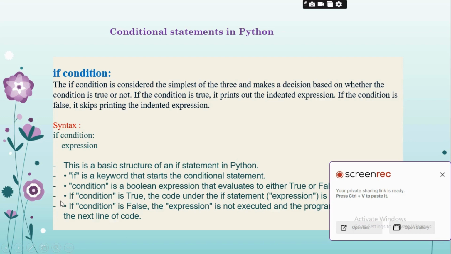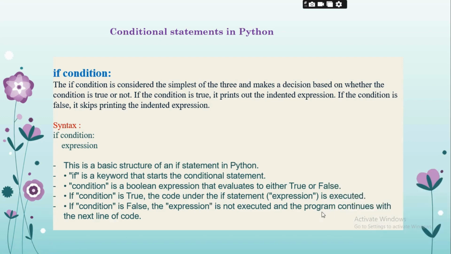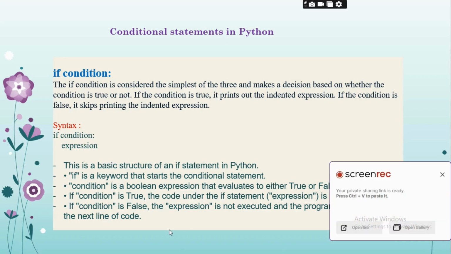If the condition is true, the code under the if statement will be executed. If the condition is false, the expression is not executed and the program continues with the next line of code. So this is all about the if condition.